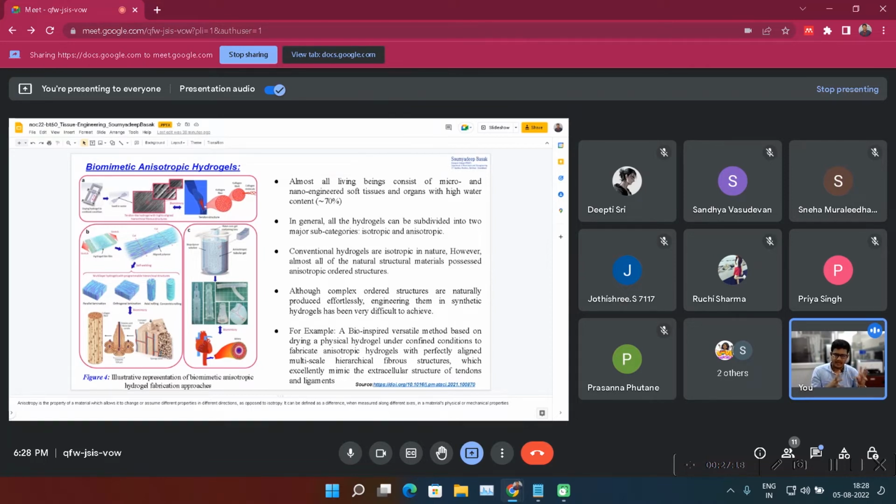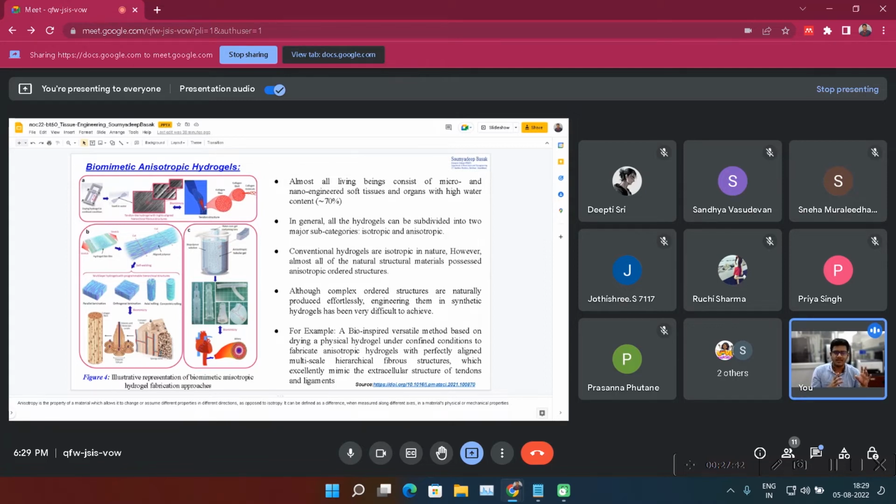And these anisotropic hydrogels are biomimetic. Biomimetic means our natural biological systems contain this kind of anisotropy, and producing biomimetic anisotropic hydrogels is giving scientists a more in vivo-like environment. So our basic interest was what?